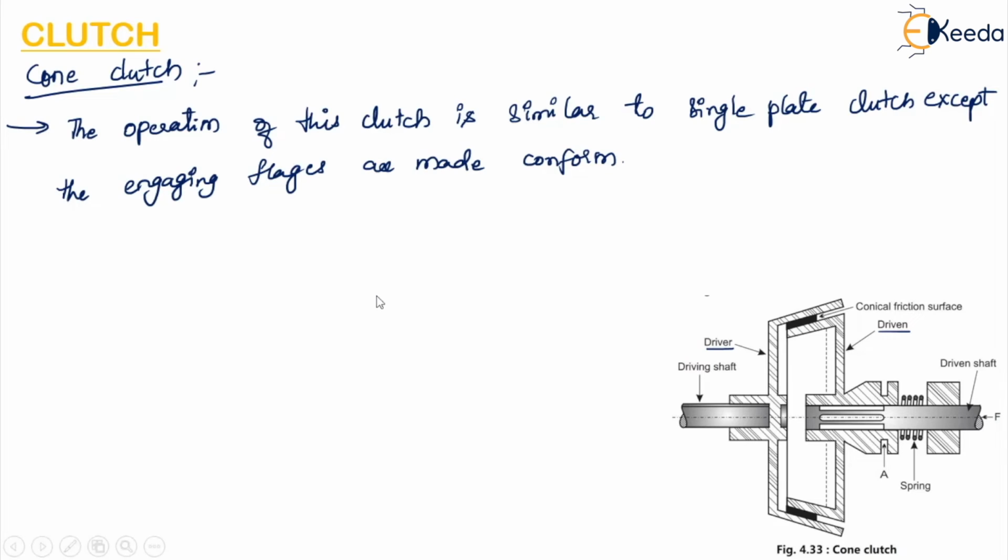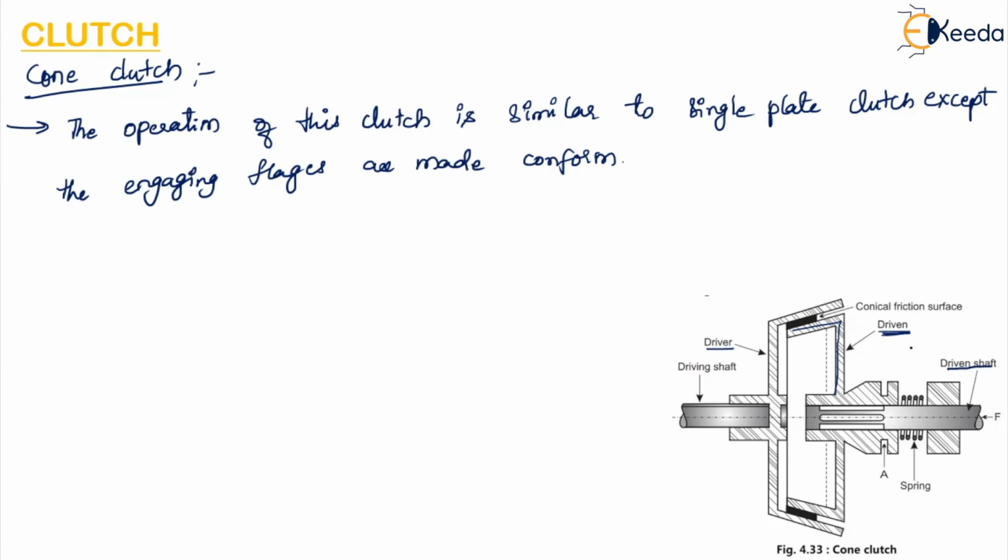The driven member resting on the feather key can be shifted along the shaft by a forked lever A. So here we can see there is a lever A. The driven member, this portion, is resting on a feather key in the driven shaft.